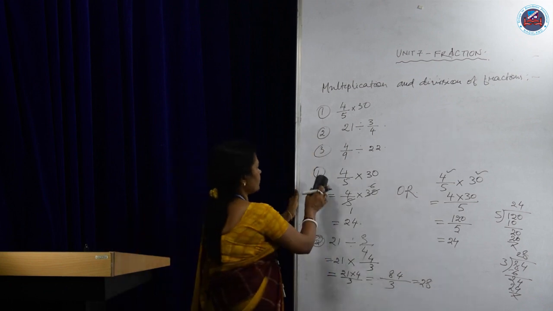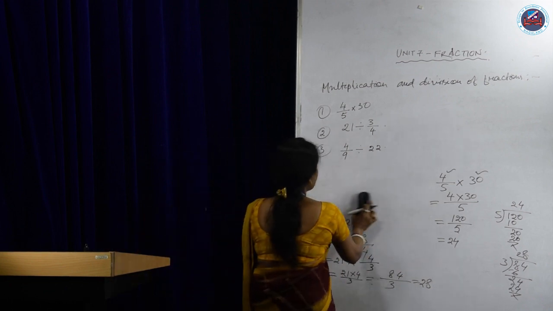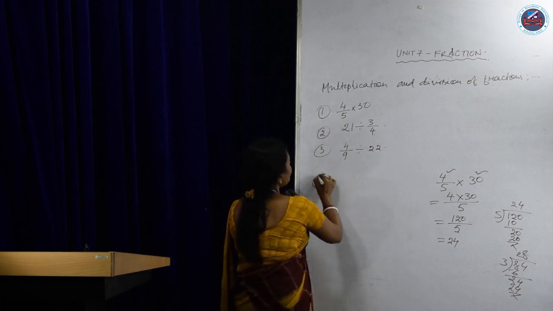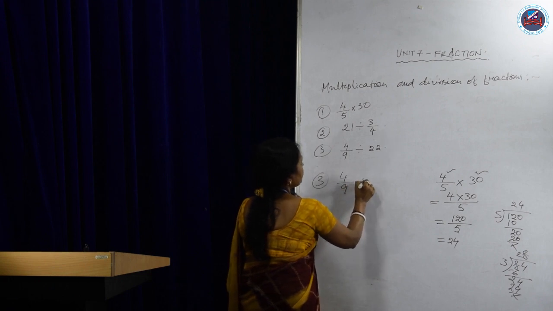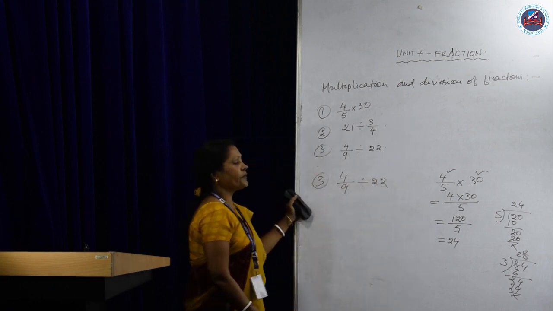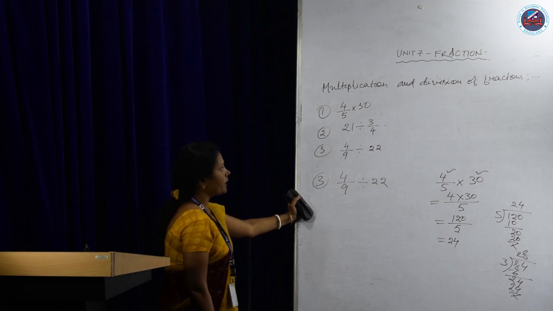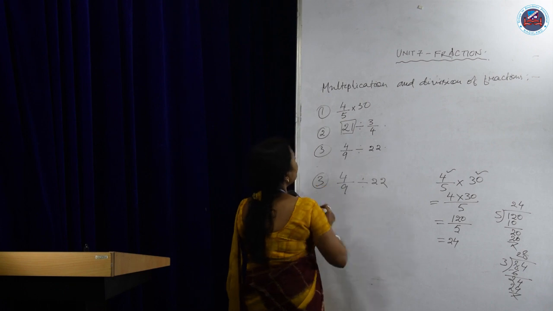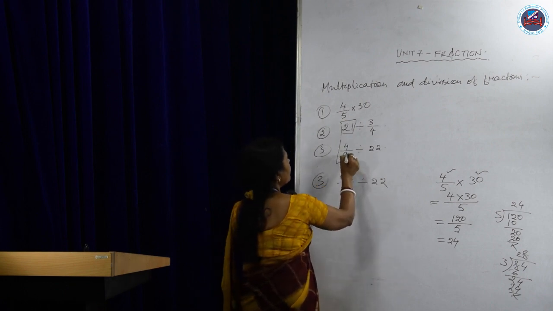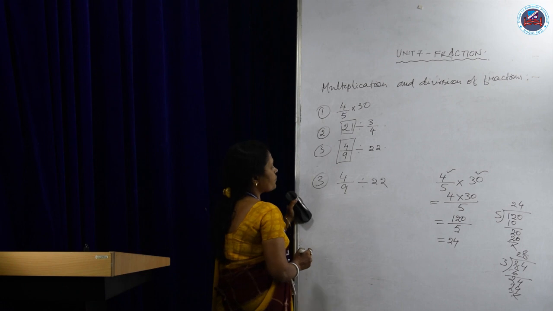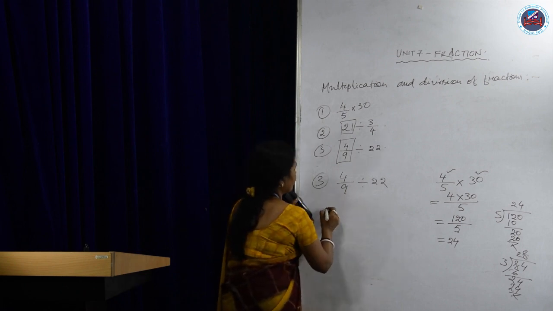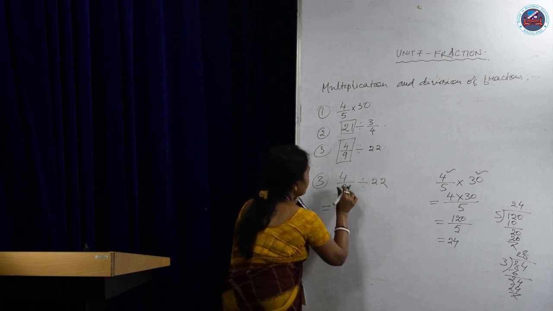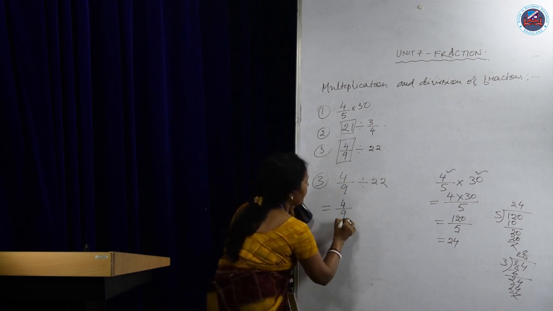This is one type of division, and the other type is the next question: 4 by 9 divide 22. If you compare question number 2 and 3, in question number 2 the first number was a whole number, but in question number 3 your first number is a fraction. So in that case what to do? Here also the first number will remain the same, that is 4 by 9.